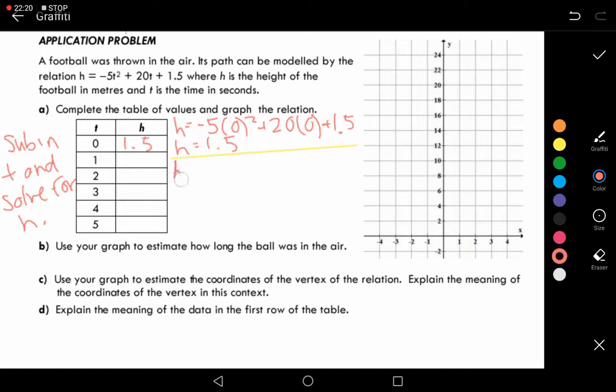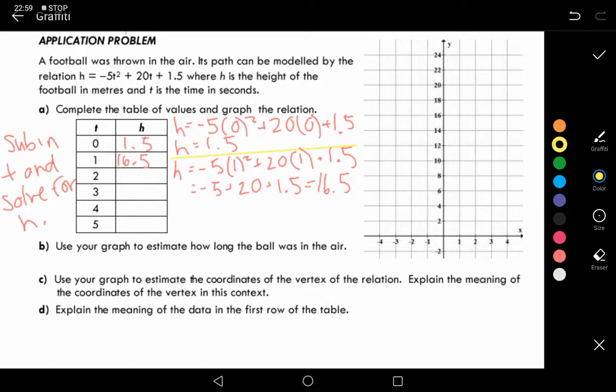Now, h of 1. h equals, remember that just means you're replacing t with 1, negative 5 times 1 squared plus 20 times 1 plus 1.5. 1 squared is just 1, and anything times 1 is just that anything. So this will be negative 5 plus 20 plus 1.5, which will give us 16.5. So you go over here and plug that in for your h, 16.5.